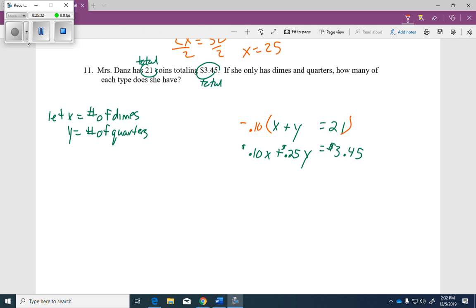So when I multiply through, I'm going to do my work down here. I get this top equation becomes negative 0.10x plus a negative 0.10y equals negative 2.1. The bottom equation I'll leave the same.